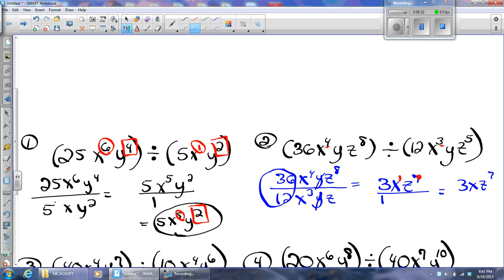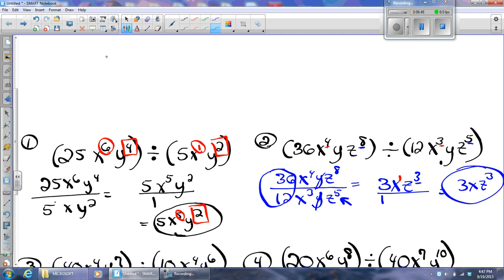Oh, I see the mistake. I should have had z to the fifth down here in the denominator. I wrote it down wrong, and that'll get me a z cubed, right? Z cubed. So when I have an 8 and a 5, I ended up with a 3, didn't I? And my simplified answer is that.